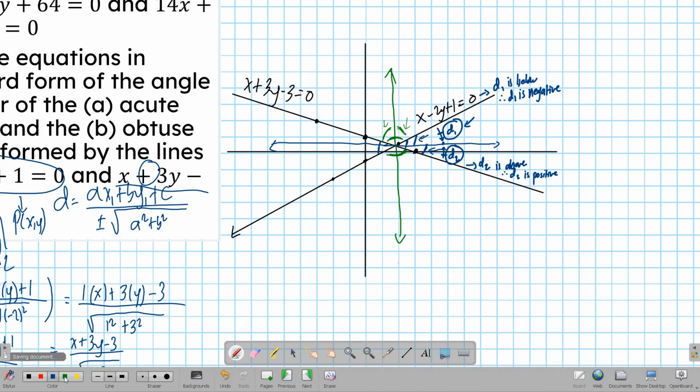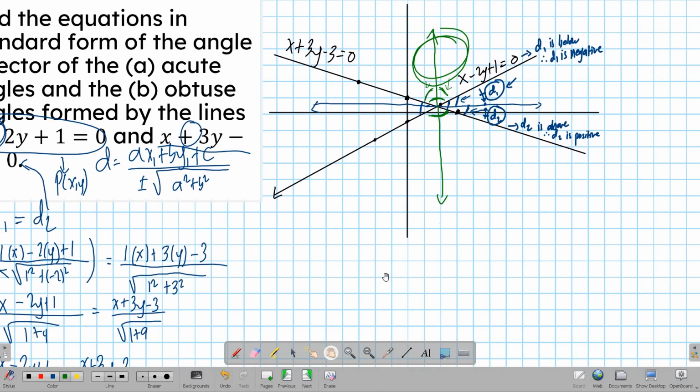Ngayon, in the obtuse one, it's both on top. Itong pwesto na to is both on the top part of the two lines or dito, bottom part of the two lines. So, dahil ito na lang, yung mas madali nila. It's both on top.